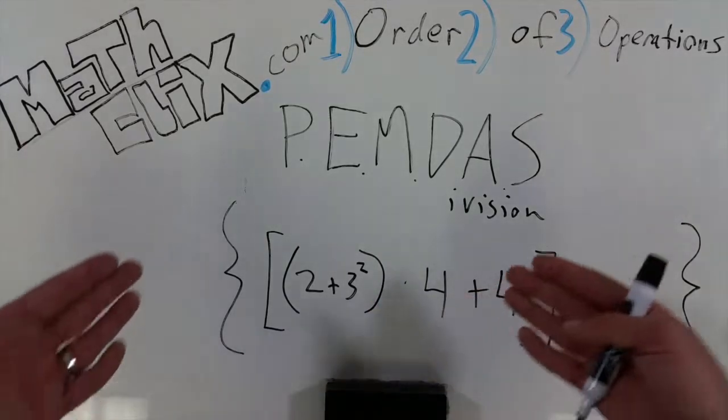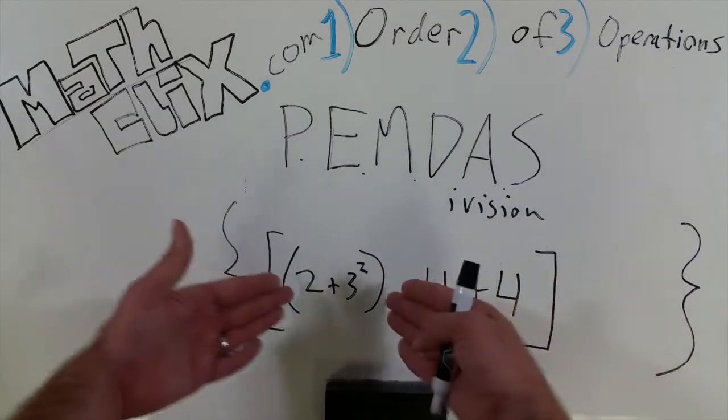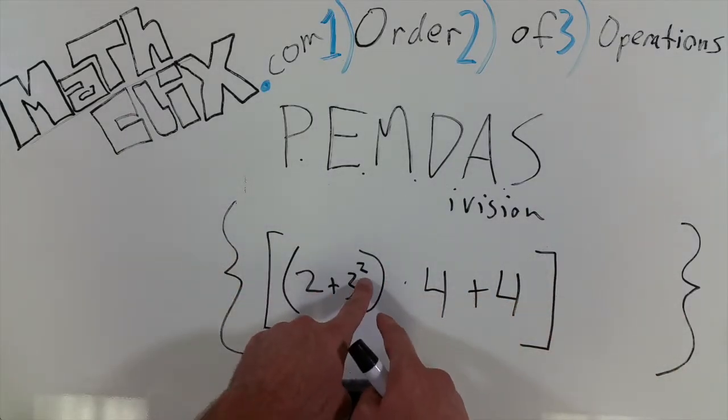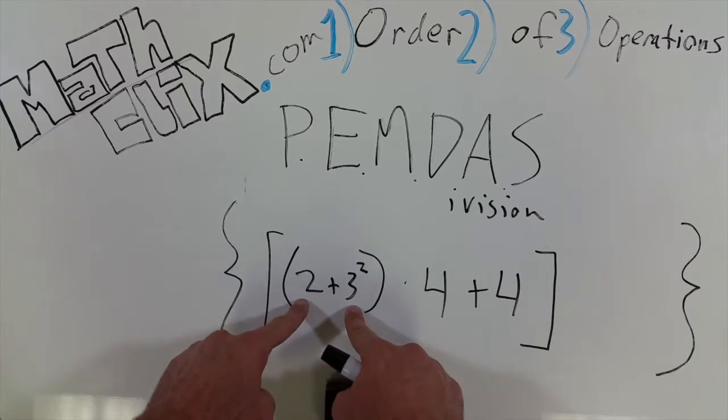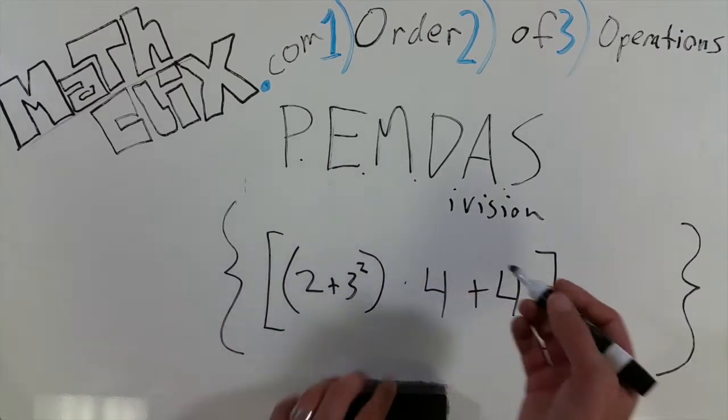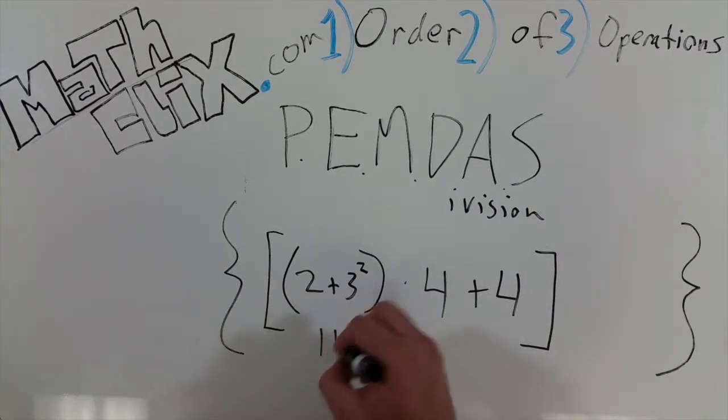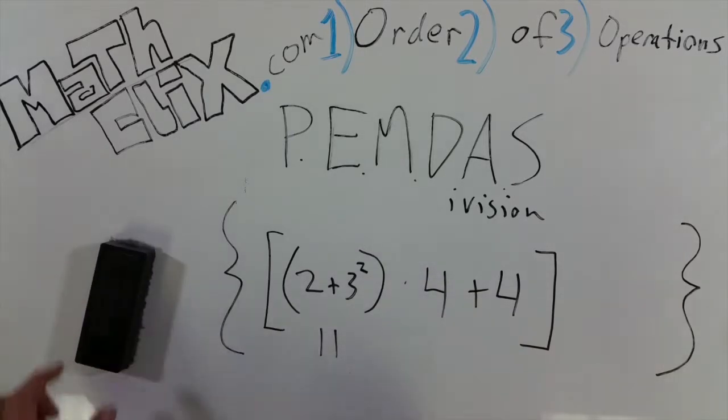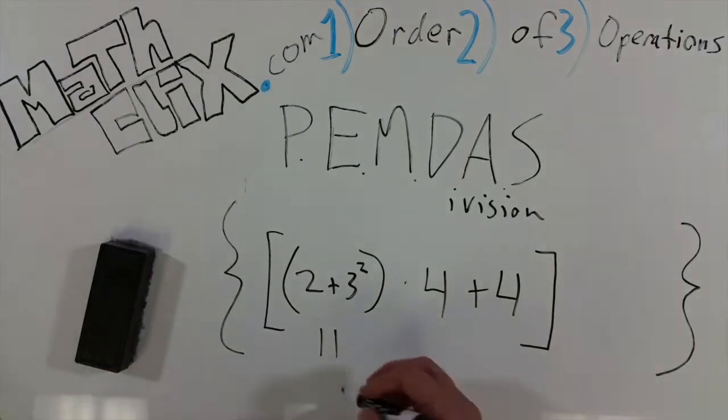So now that we've zoomed in on our parentheses here, and we took care of our exponent first, and then we added the 2, this would be like 11. Now we have all the rest of this to do.